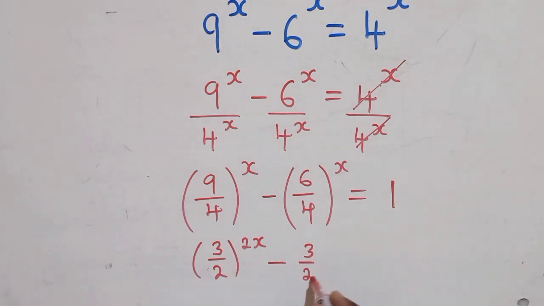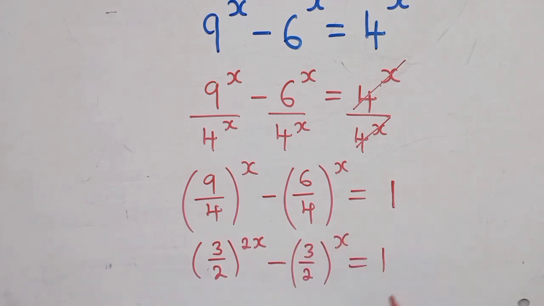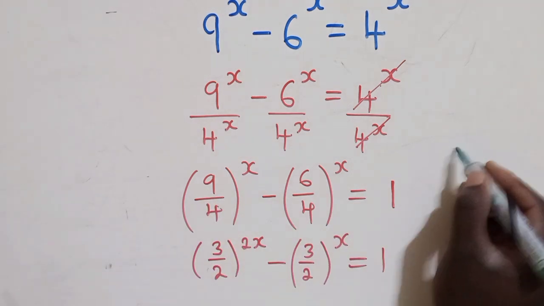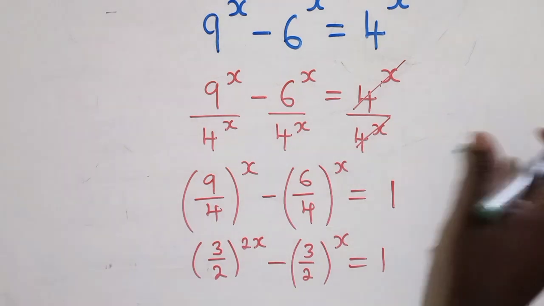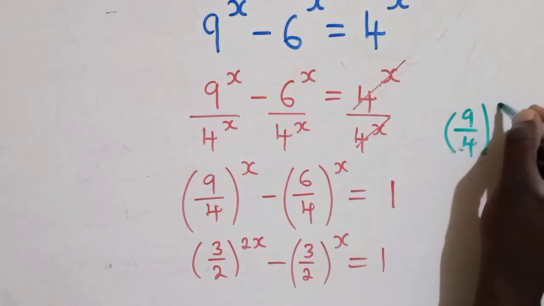A 3 over 2 and the power x here, which is equal to a 1. Let me explain what I've done here. We have 9, which is the same as 3 squared. Let me copy: we have 9 over 4 and the power x right here.